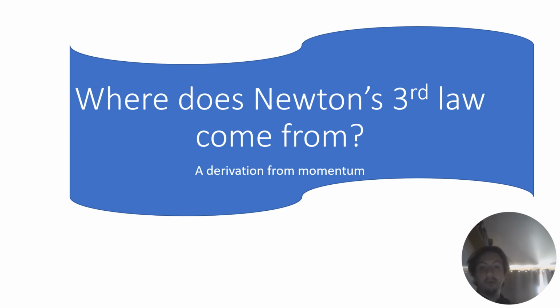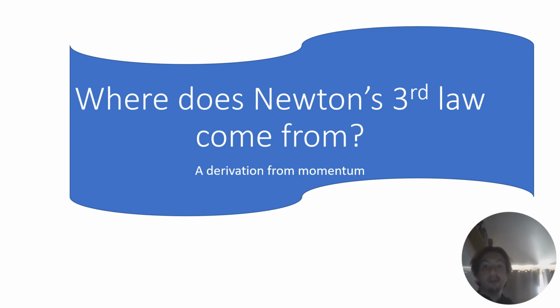And it's also important because Newton's third law is a result of the conservation of momentum, so what we can say is happening with regards to Newton's third law is just that momentum is being conserved.